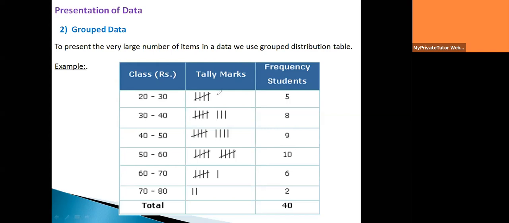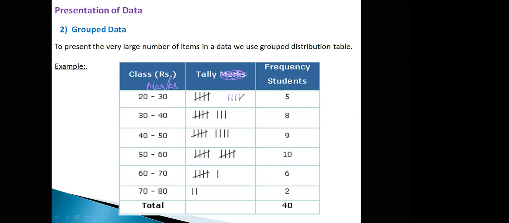So let's not think about the marks, just think about the tally. The first column is a class, which might be the marks, and the tally is how many students scored between 20 to 30 marks in that test. How do we represent one set?